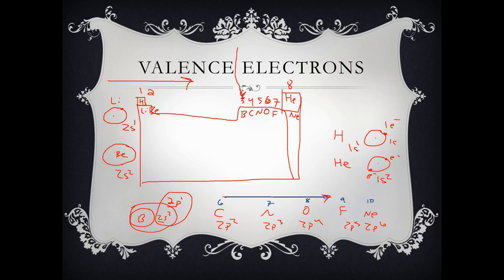As you go from left to right on the periodic table, you're filling that outer shell of electrons like we just discussed, but you're also adding more and more protons to these atoms, and so the nucleus in the middle is going to actually pull on those electrons more tightly. So there's going to be more attraction to those electrons because there's more charge in the nucleus.